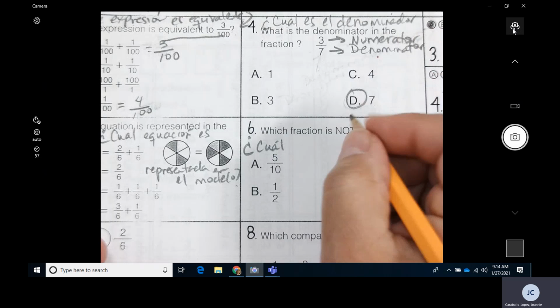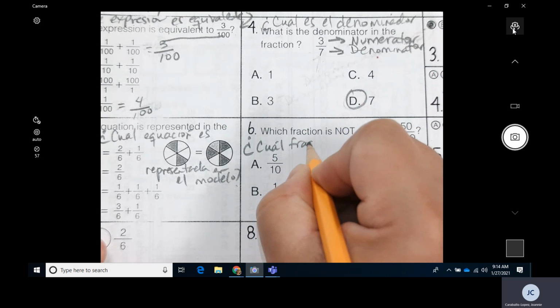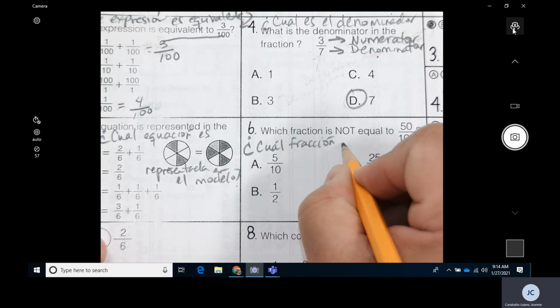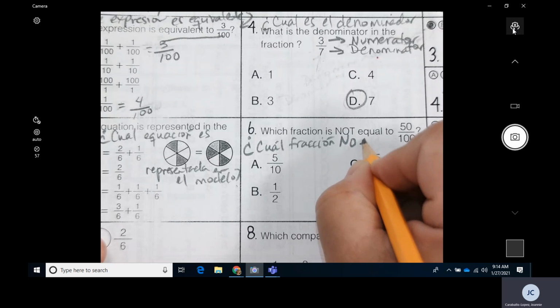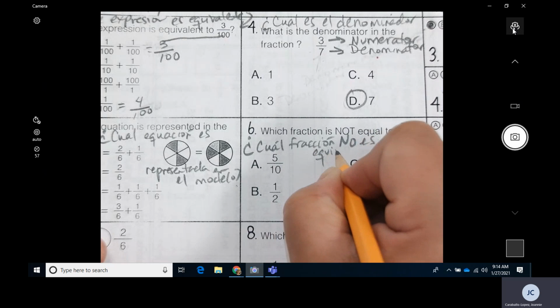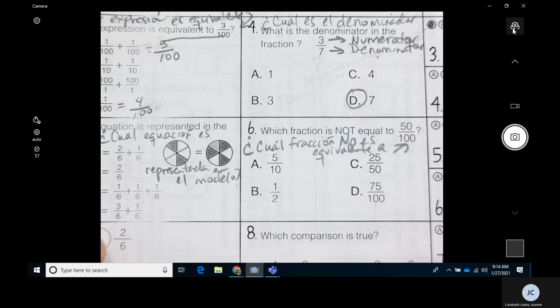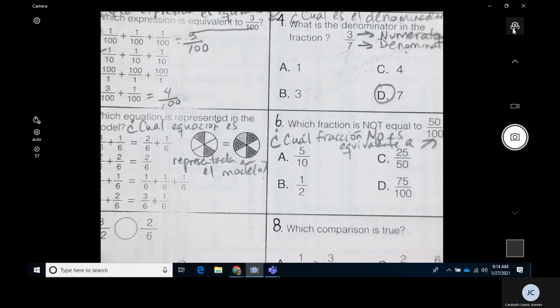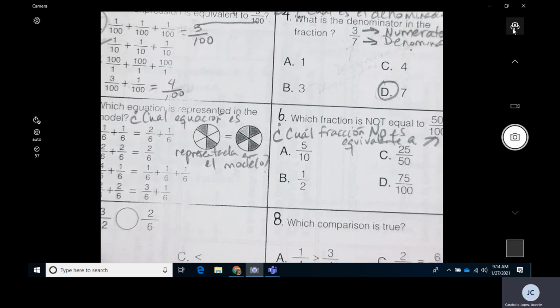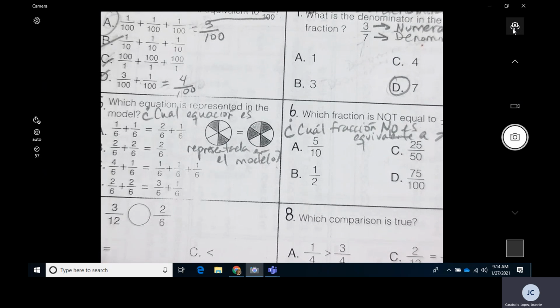Wait. Dígame, Anthony. ¿Cuál fracción no es correcta? No es equivalente a 50 centésimas. Okay? All right, so are we ready?